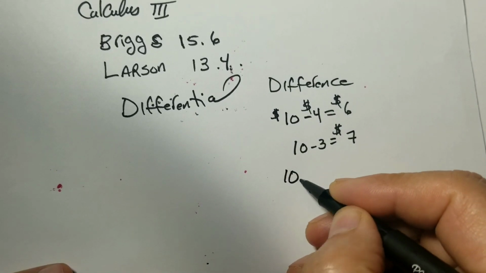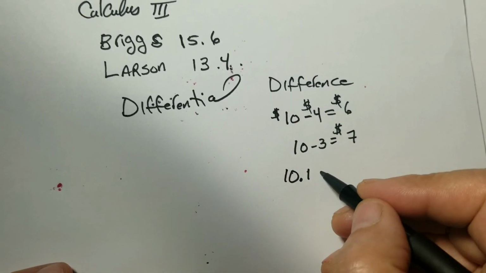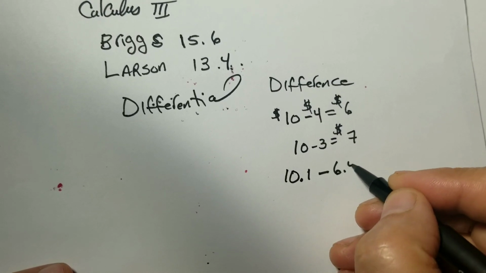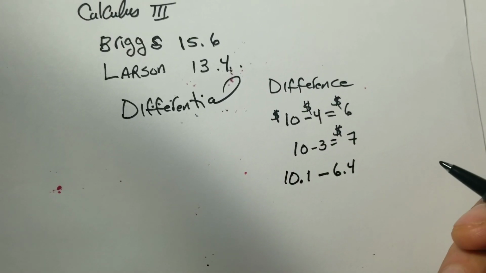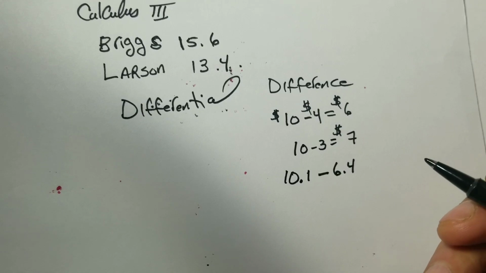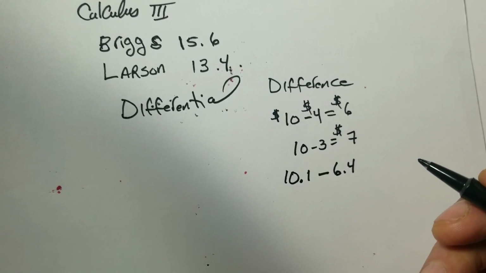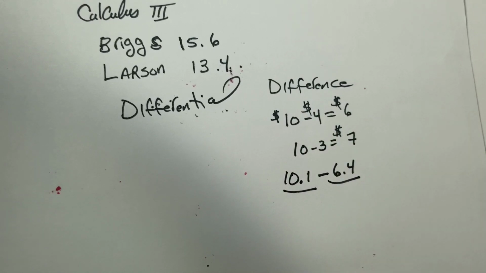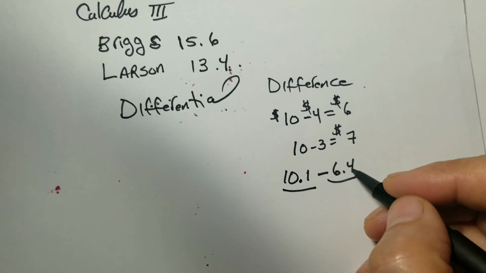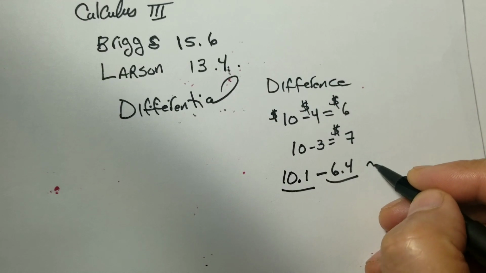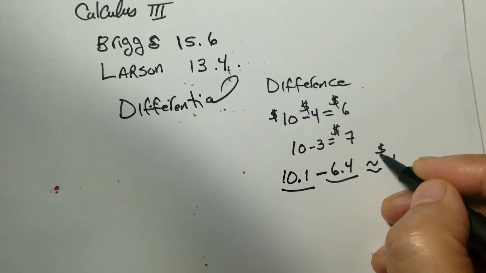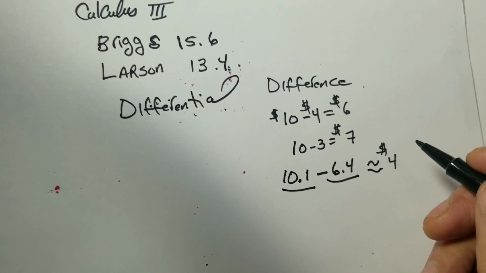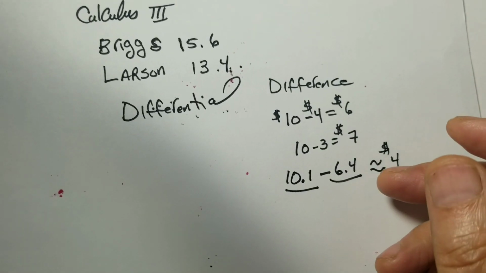But sometimes I have $10 and a dime, and I subtract $6.04, 40 cents. How much is it? Well, I'm tired of thinking about it. I consider this one 10, I consider this one 6, because it's less than 50 cents, and I say approximately $4. That's good, it's possible.